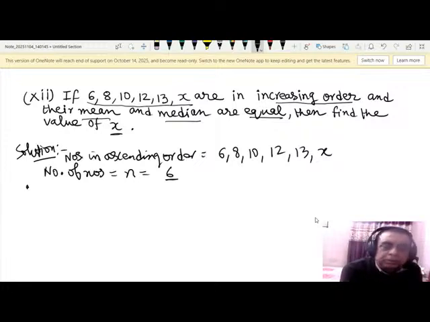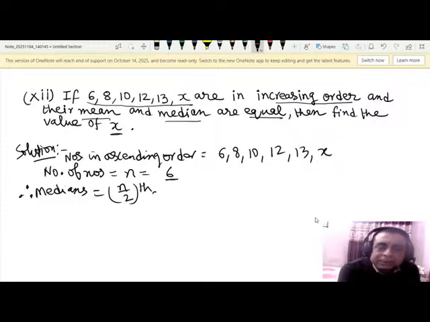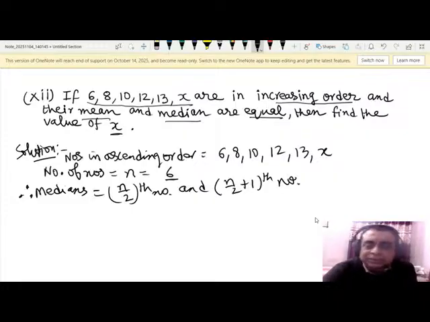One is the n upon 2th number, and the other is the n upon 2 plus 1th number.